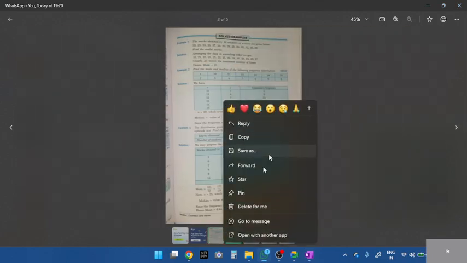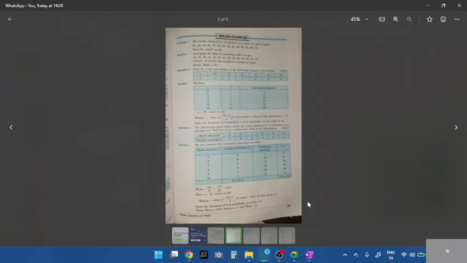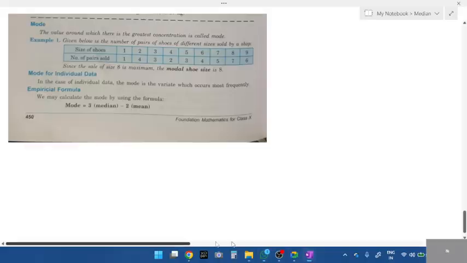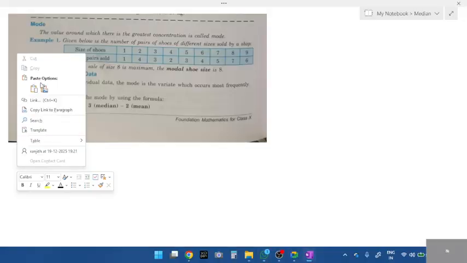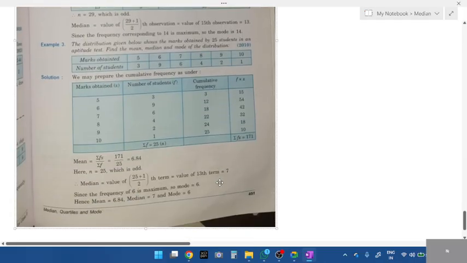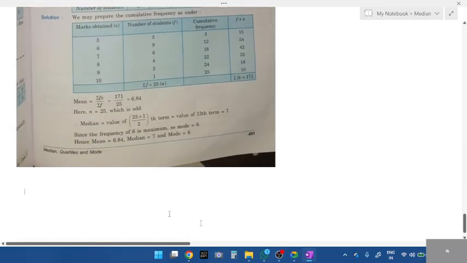Okay. Do you have textbook with you all of you? If you have, open page number 431, students. Exercise D. So I'll teach 1 or 2 questions directly from textbook. Page 451. Open 451, all of you.